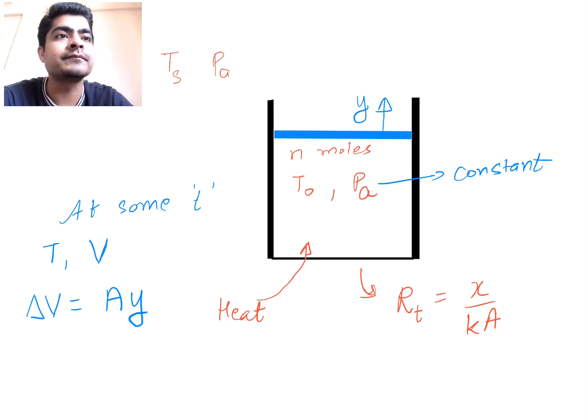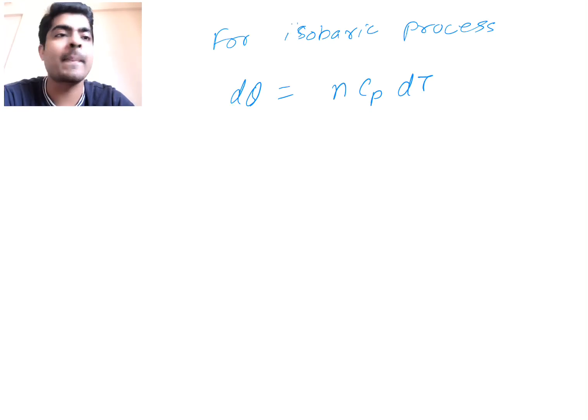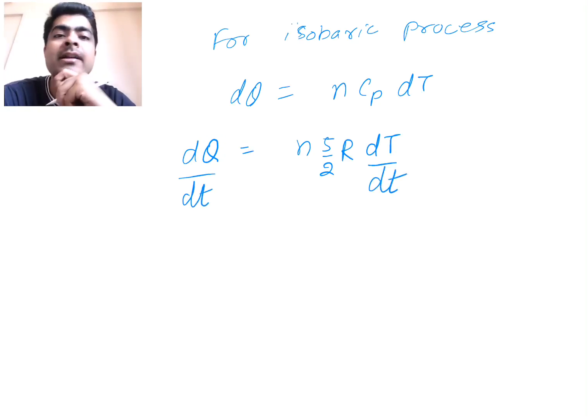Now since we have the isobaric process, heat supplied dQ is how much? n Cp dT. For the gas is monoatomic, so Cp will be equal to 5/2 R. So n times 5/2 R dT. This is dQ. I could also divide by dt, so I get dQ by dt equal to 5/2 nR dT by dt.